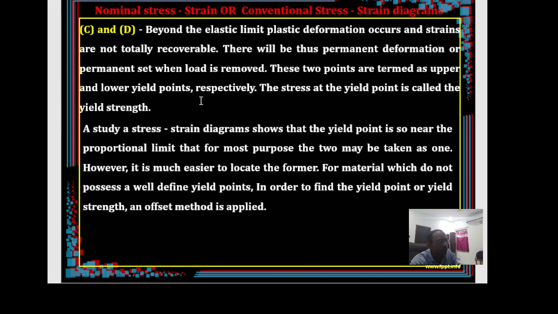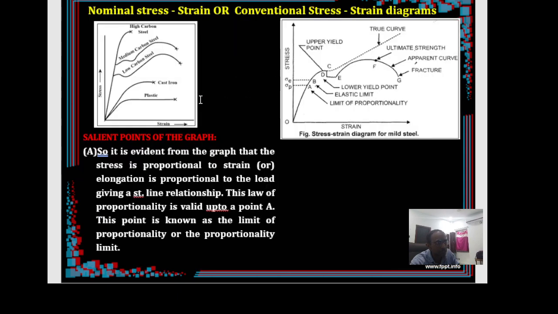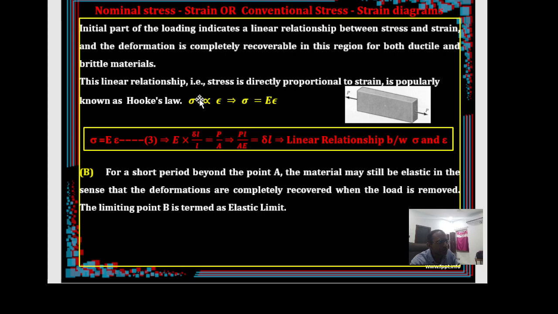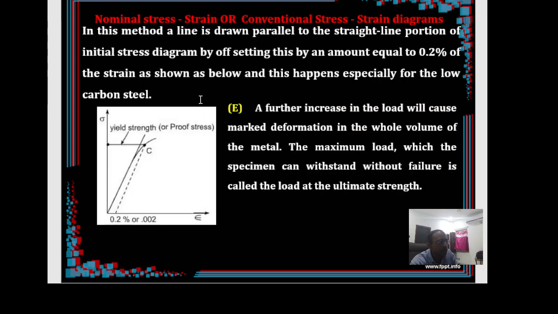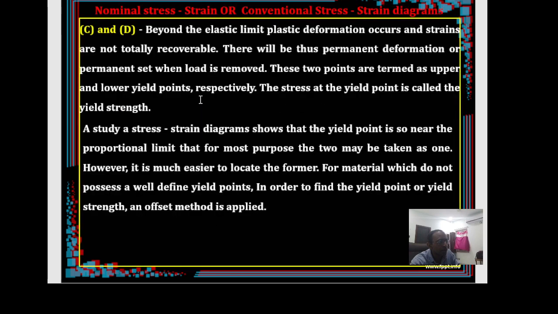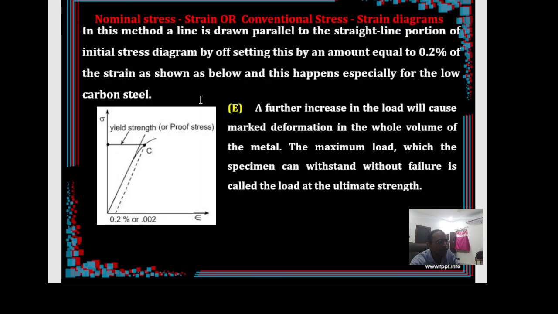For design purposes, we will generally be using the lower yield point. If you go beyond points C and D, a further increase in the load will cause marked deformation of the whole volume of the metal. The maximum load which the specimen can withstand without failure is called the ultimate strength.